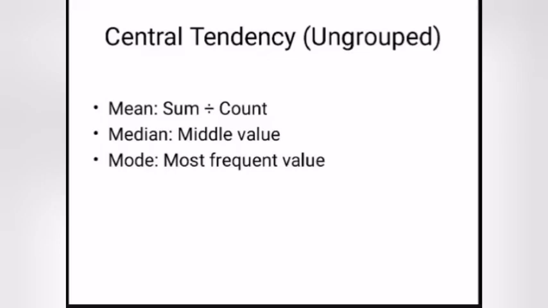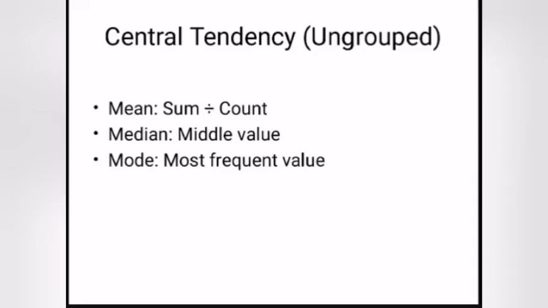So median is the middle value. From the data set I just called, 1, 2, 3, 4, 5, the median is 3 because it's the middle value. And mode is the most frequent value. In this data set, there is no mode because no value repeats itself.